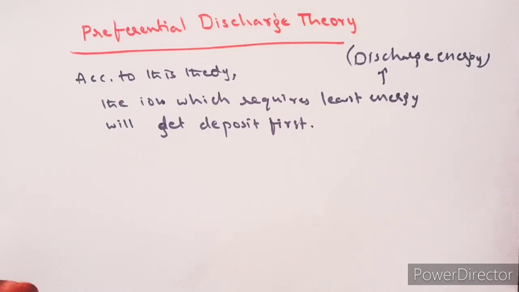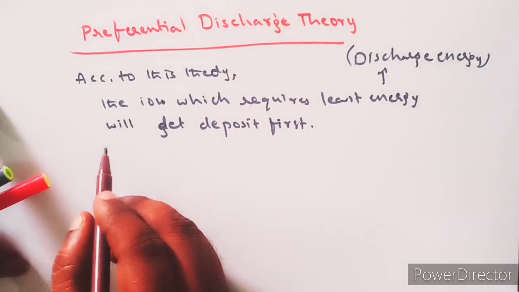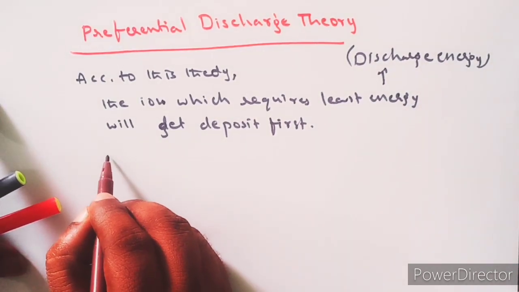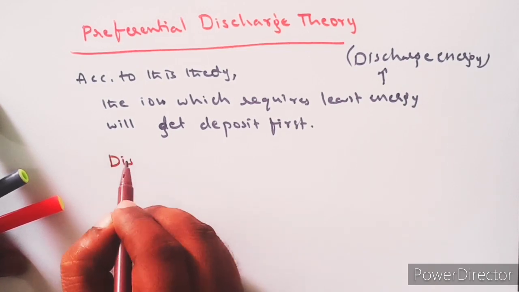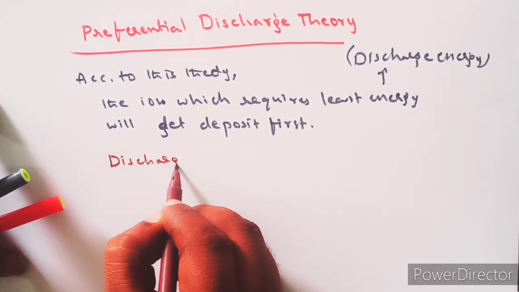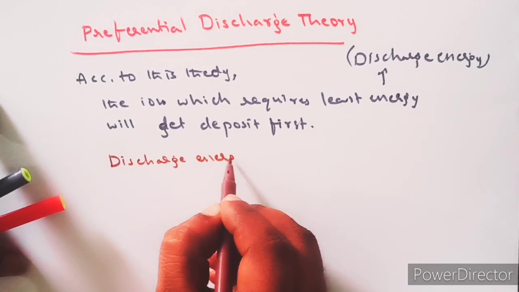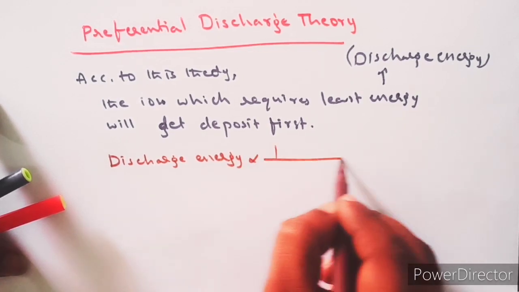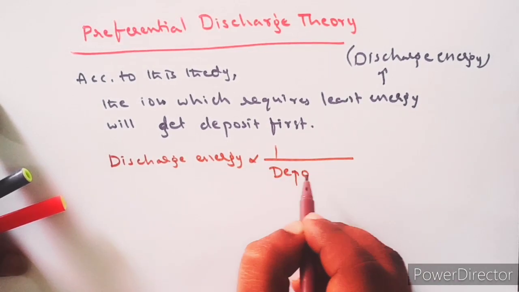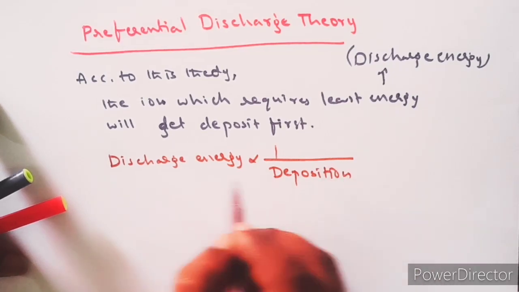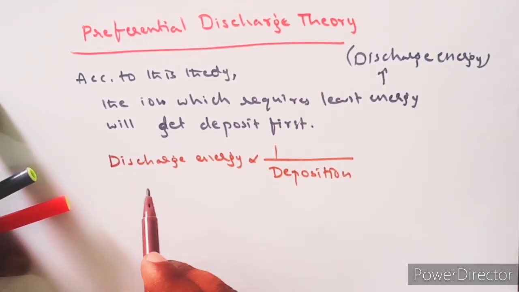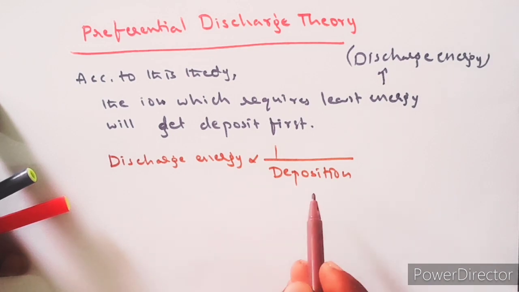So remember, discharge energy is inversely proportional to deposition. The ion having the very least discharge energy will be deposited first, and the deposition will be more.